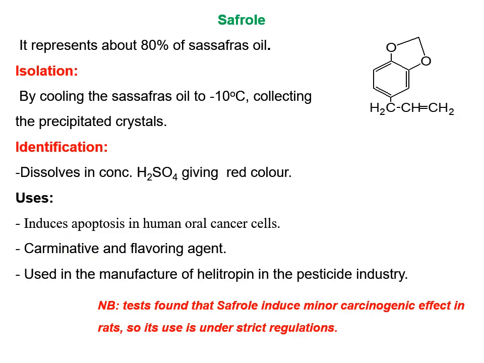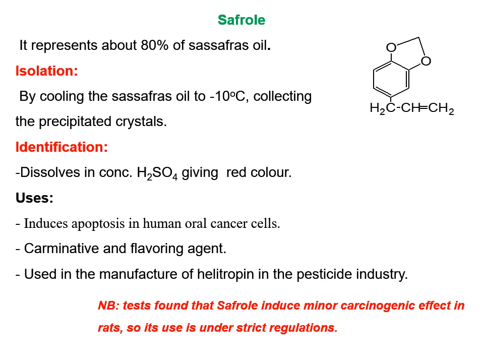Also a dihydric phenol is safrole, which is a phenolic ether, with two oxygen substituents. It represents about 80% of sassafras oil, and is isolated from sassafras oil by freezing to -10, where safrole crystals are separated.